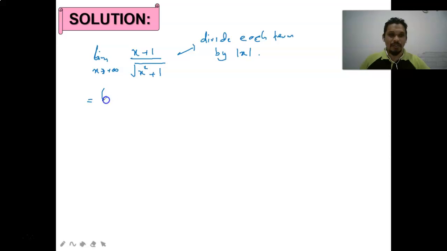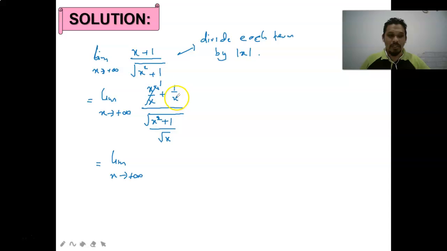So for this one here, now come out with limit x approaching to positive infinity, where x divided by x plus 1 over x divided by square root of x squared plus 1 divided by square root of x squared. So in this case, we come up with limit x approaching to positive infinity, x divided by x equal to 1, and this is 1 over x.